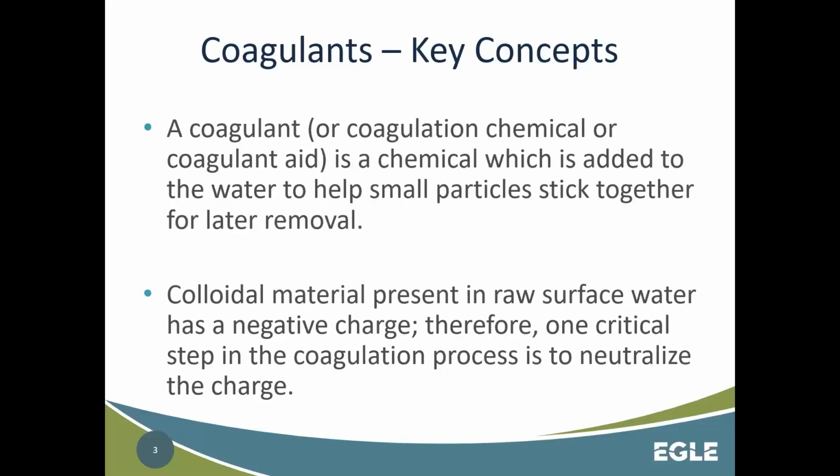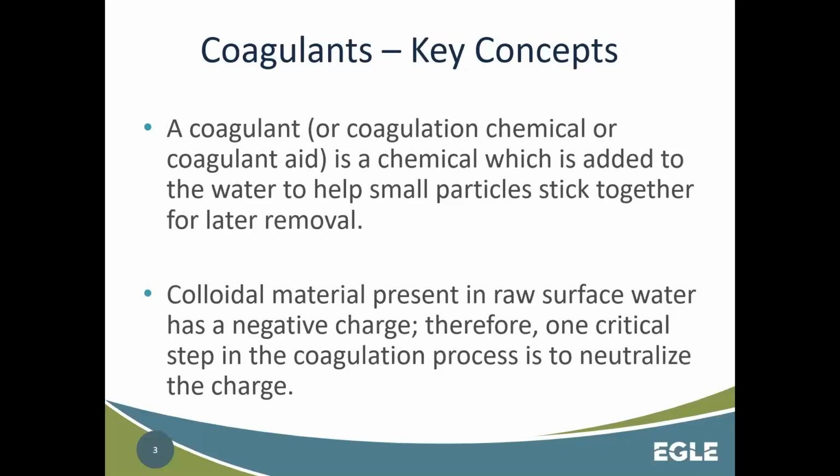So here are some of the key concepts that we're going to be working with today. A coagulant, sometimes called the coagulation chemical or a coagulant aid, is a chemical which is added to the water to help small particles stick together for later removal. Colloidal material, which is generally the small particles that we're targeting, present in raw surface water have negative charges.